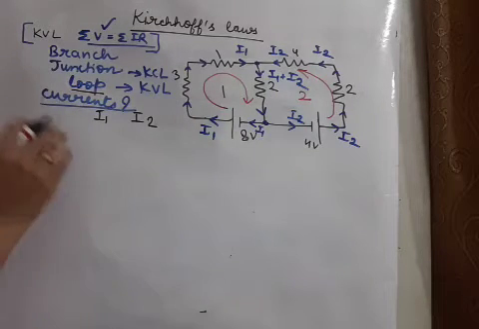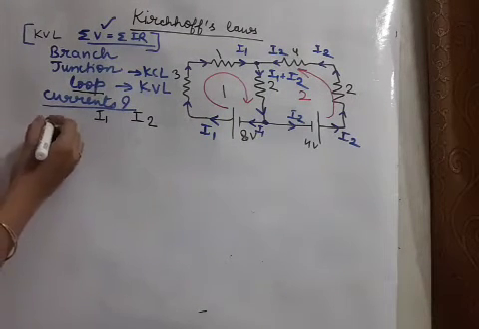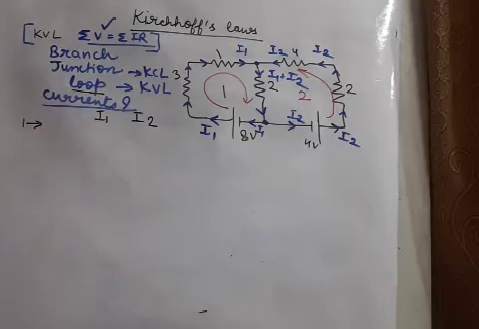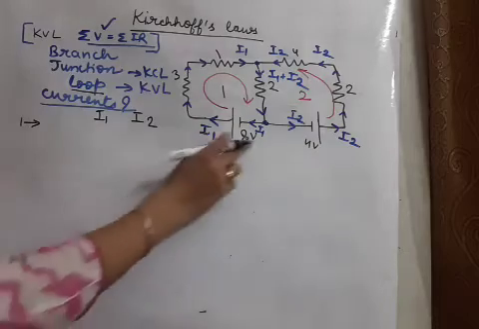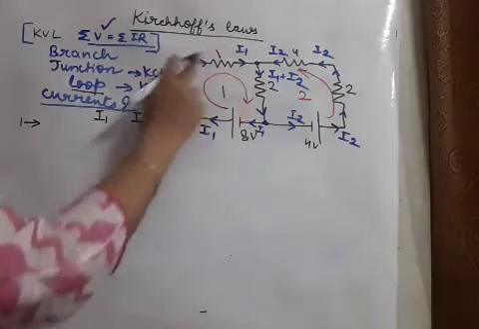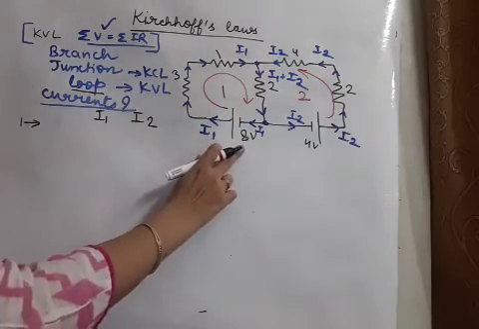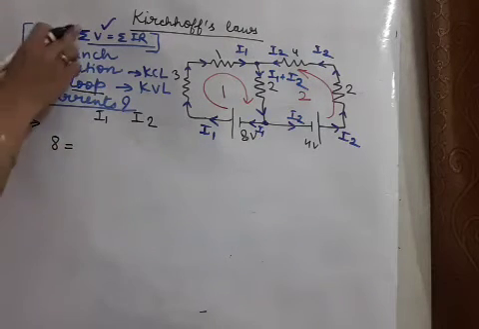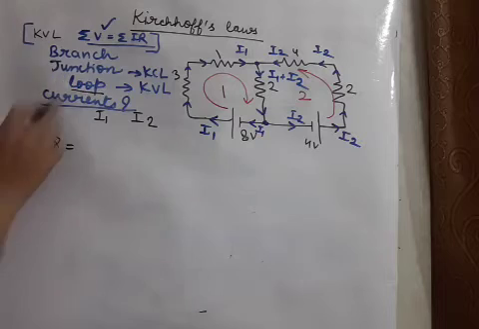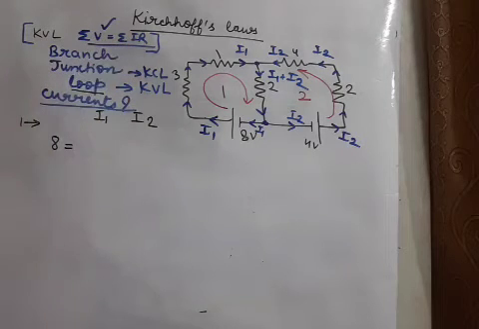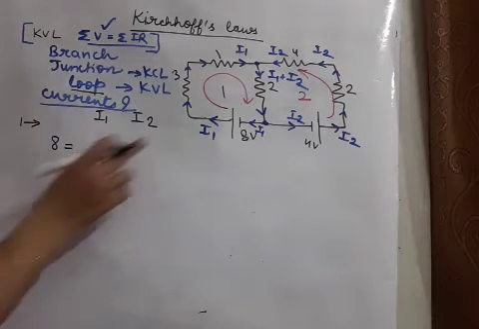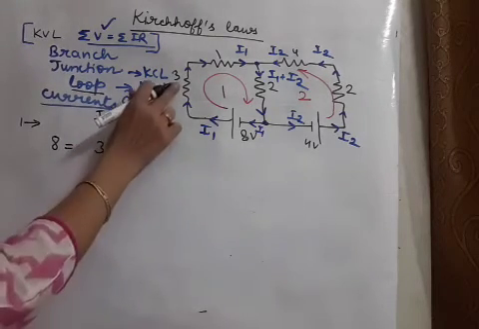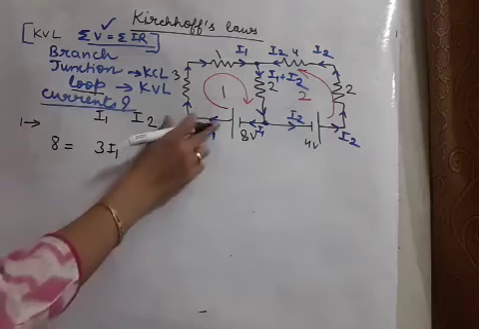Now let us start applying KVL: summation V equals summation IR for loop number 1. In this loop, how many batteries are available? One battery, 8 volt. We write 8 volt on one side, and on the other side all the IRs, the products of I and R. The first resistance is 3 ohm, and its current is I1.